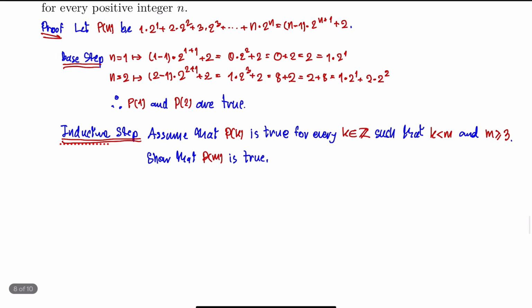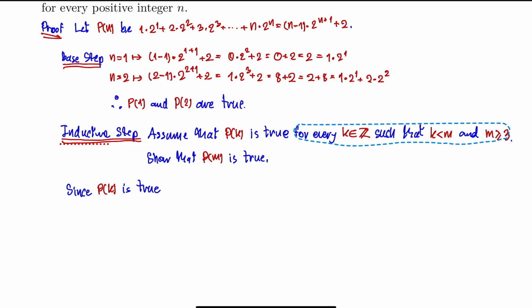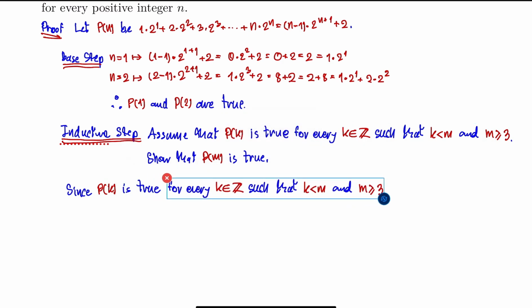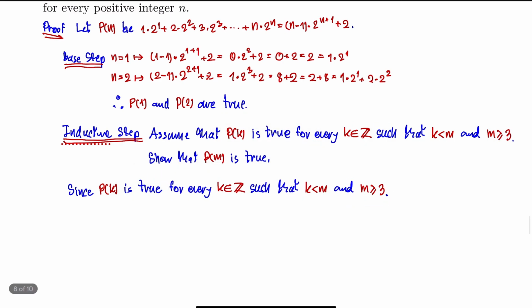Now let's get started. So since P of k is true for all positive integers k such that k is less than m and m is greater than or equal to 3, what can we assume?